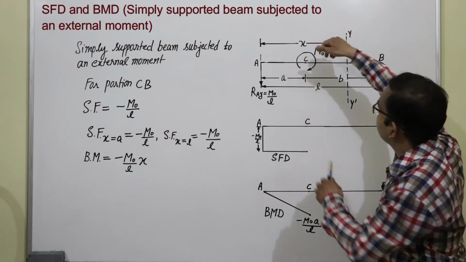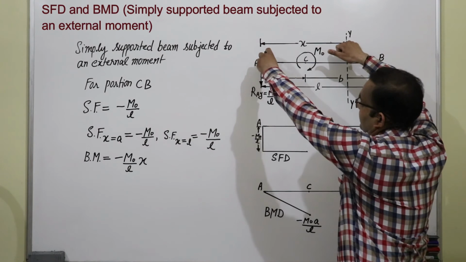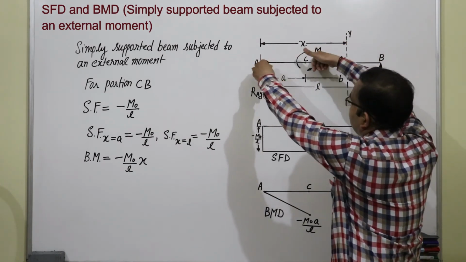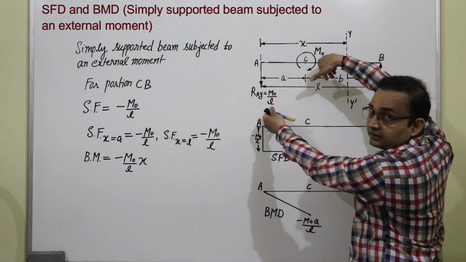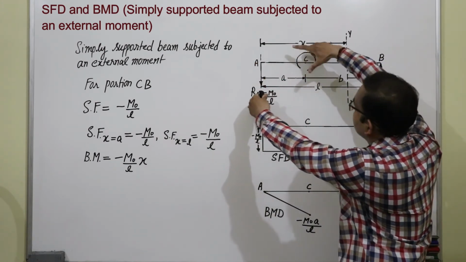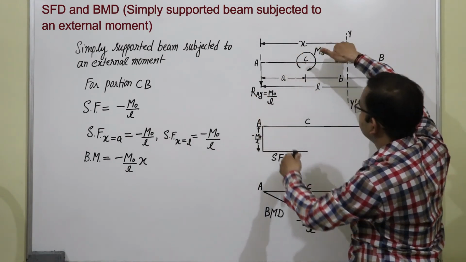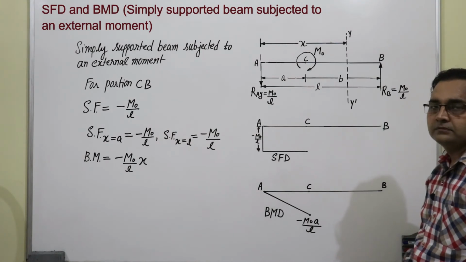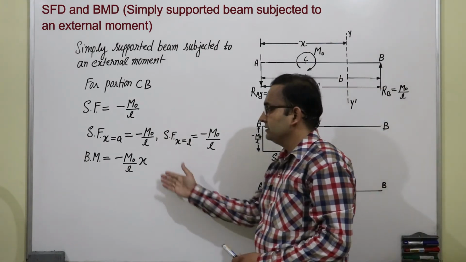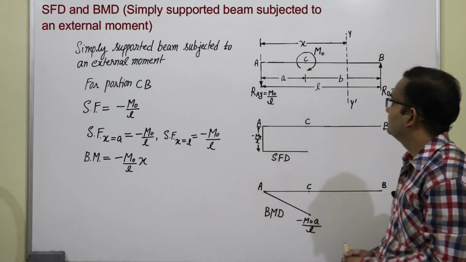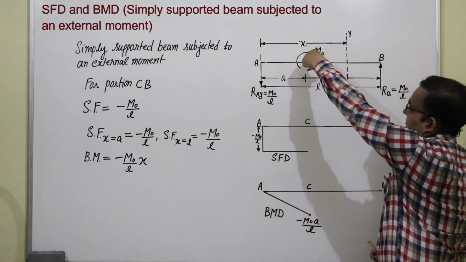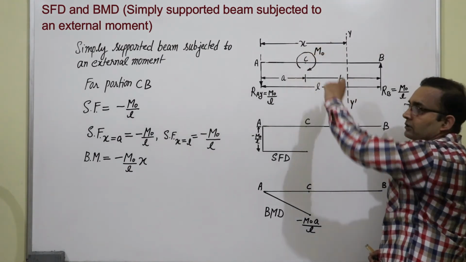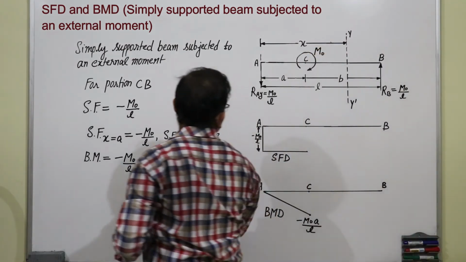So this bending moment is, this is force acting downward and this is the distance. So it will rotate like this from this section because it is downward, and it will come like this. So it is anti-clockwise, so it is negative bending moment, and this bending moment is like this, it is clockwise. So it is positive.